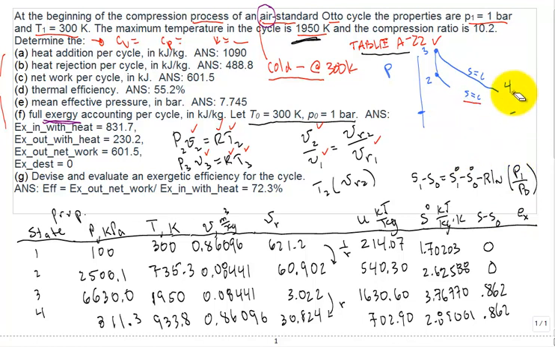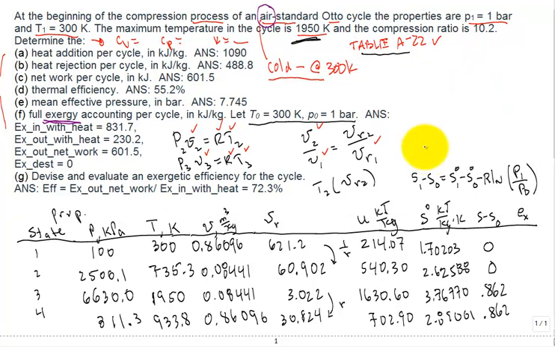And so we calculated the change in S, but you have the exergy is equal to U minus U naught plus P naught times V minus V naught minus T naught times S minus S naught. Okay, so we just calculated this S minus S naught.